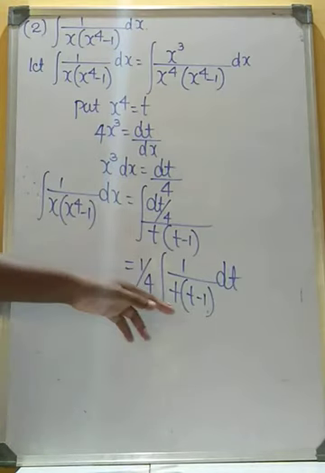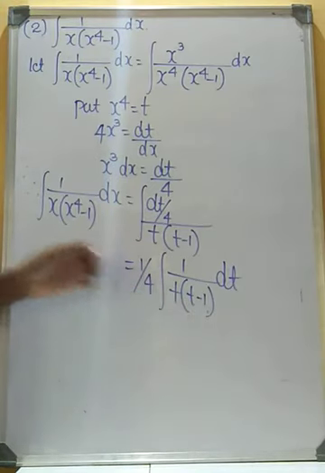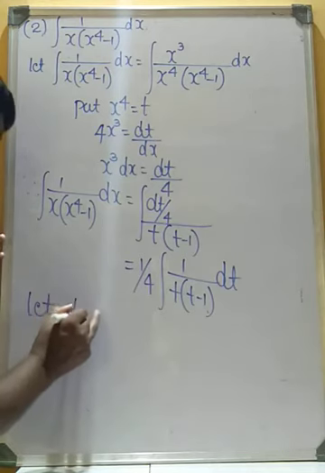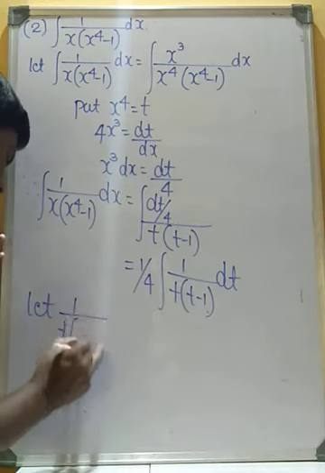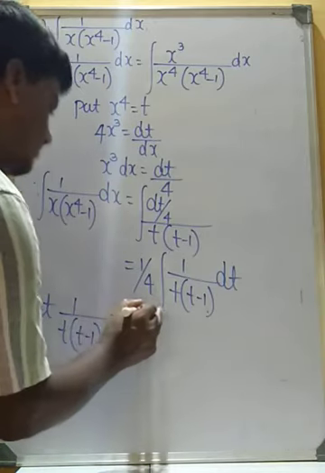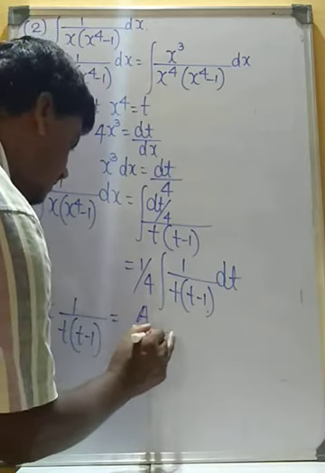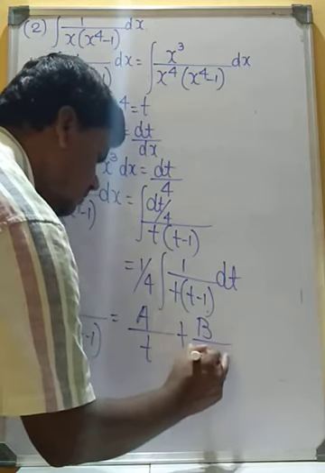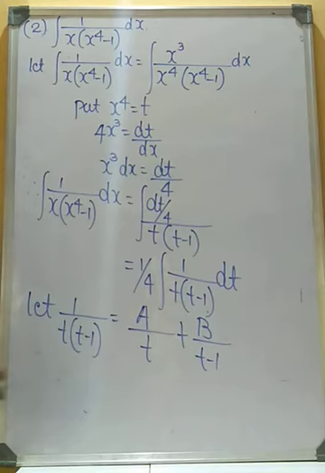So also by using partial fractions, let 1 divided by t into t minus 1 equal A by t plus B by t minus 1.